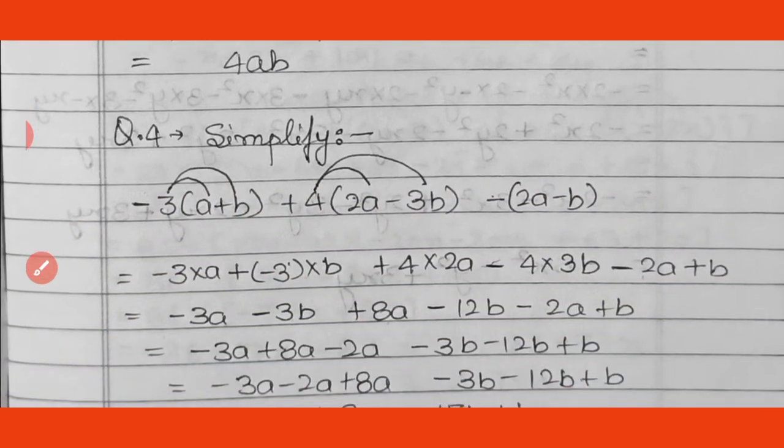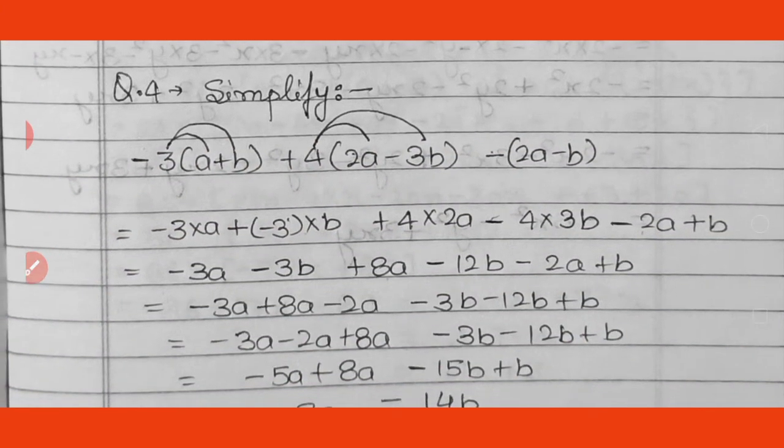Next is the simplification in which it has given minus 3. There is no sign between the bracket and the number. If there is no sign between the bracket and a number, in that condition we have to put a sign of multiplication. So here is a sign of multiplication.